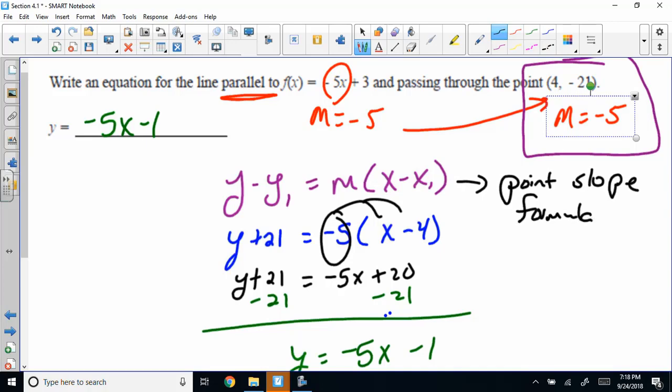And that's primarily its only purpose. You don't use it a lot, but it is super easy. I like it better than trying to do this: negative 21 equals negative 5 times 4 plus b. You know, the traditional find the b, right?